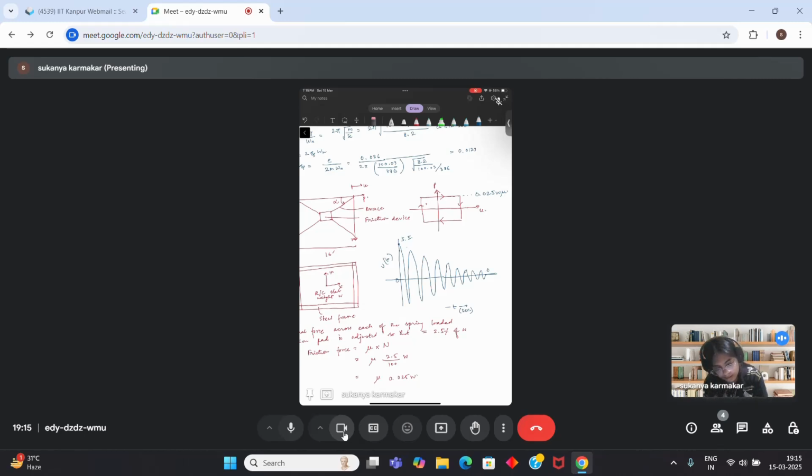At this point, the y coordinate is 0.1 inch, and the x coordinate, the time, is 4.5 seconds.